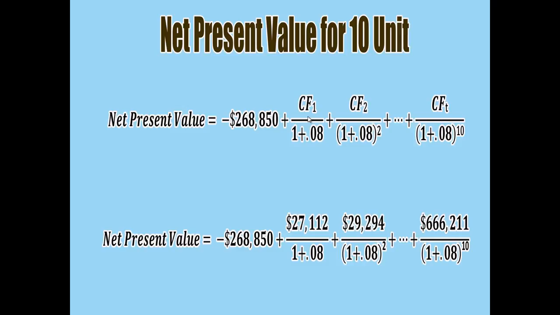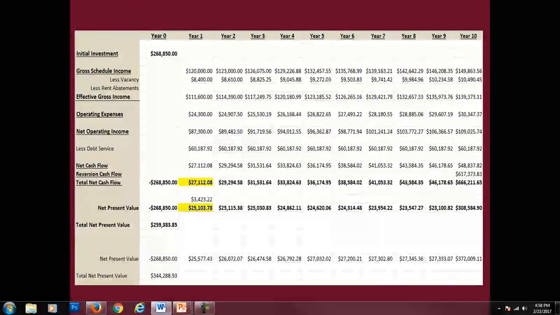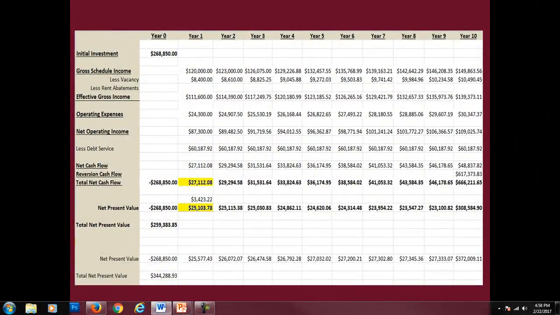We're going to discount that by 1.08 to the first power, and so on and so forth, until you get that last 10th year when you actually sell the building, and you get the last year's income plus all that money and divide it by 1.08 to the 10th power. Now, before your head hurts too much, this is all done by software. You can do this in Excel or you can do it in a financial analysis package, but you'll likely never have to do this calculation.